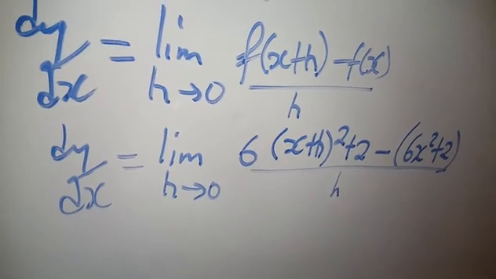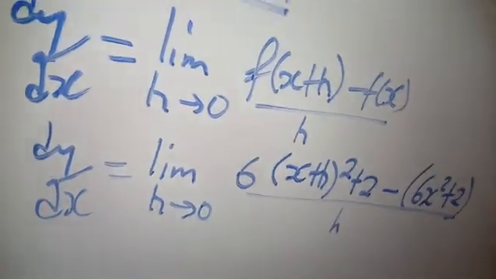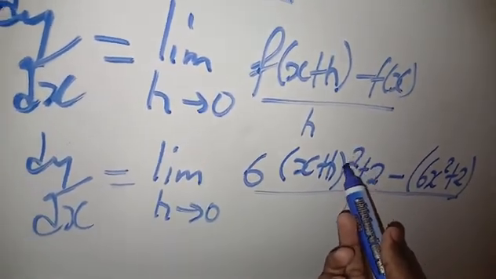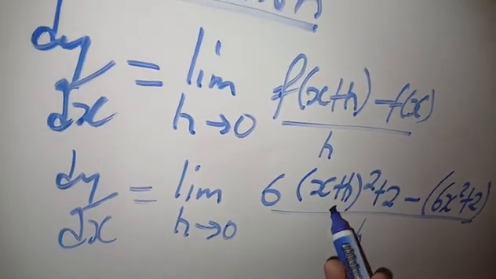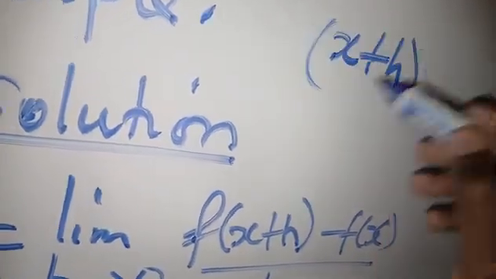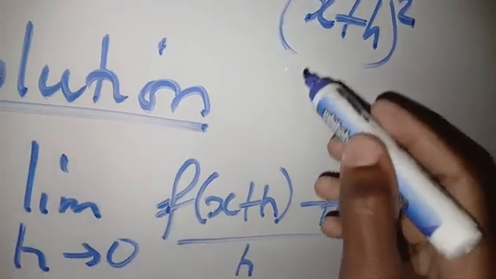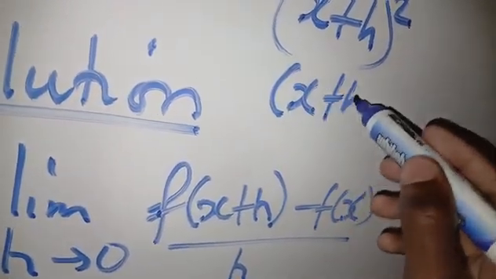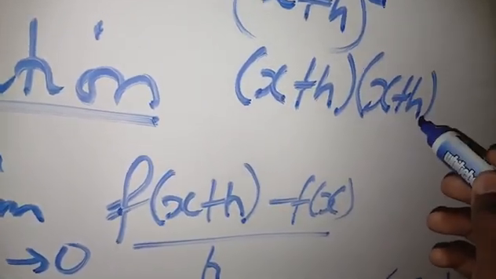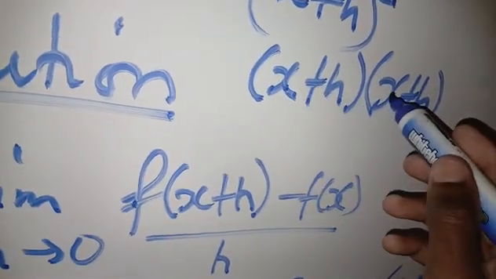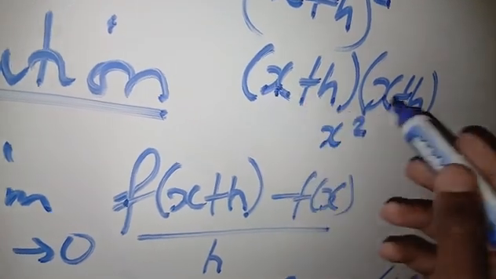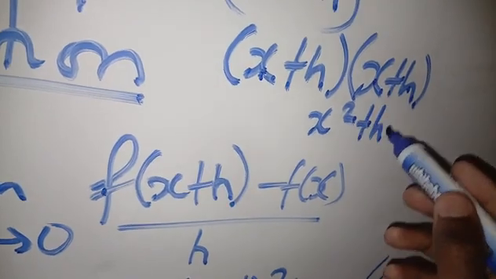So from here we can easily now expand. I want you to pay attention to (x plus h) squared. I think you can expand this one separately. You can even do it from here. We have (x plus h) squared, which means this is (x plus h) and another (x plus h). When you multiply x and x, the answer will be x squared. When you multiply x and h, the answer will be hx.